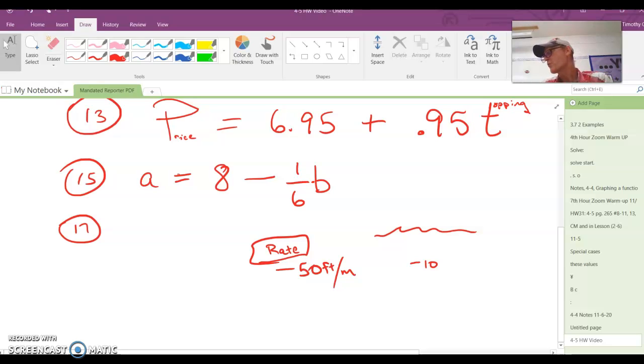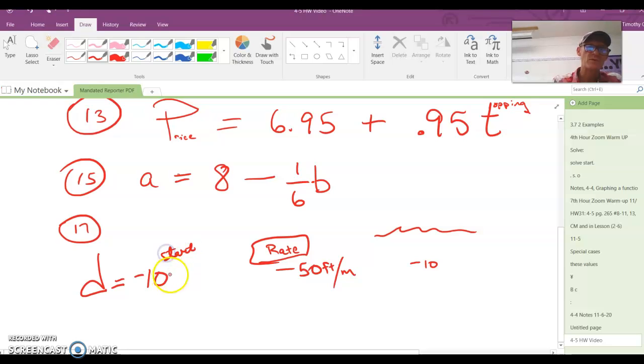So if you want to write the depth, we're going to start at -10. This is when we start. Now we're going to add -50 times the number of minutes. So if it's -50 feet per minute, we multiply -50 times the number of minutes to figure out the depth.